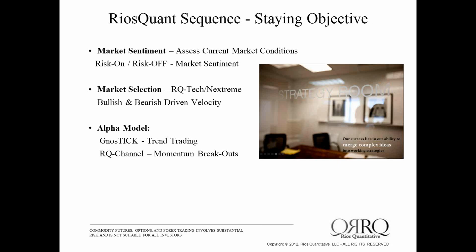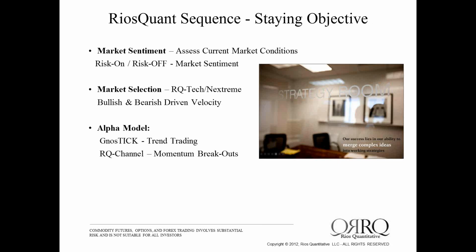Or RQ channel, which is a momentum indicator that appears on the chart and identifies optimal points within a trend that, if broken above or below, bullish or bearish, will show an optimal point where there will be the highest probability of continuation of that trend or acceleration of that trend, either or, for the highest probability of getting in and getting out.